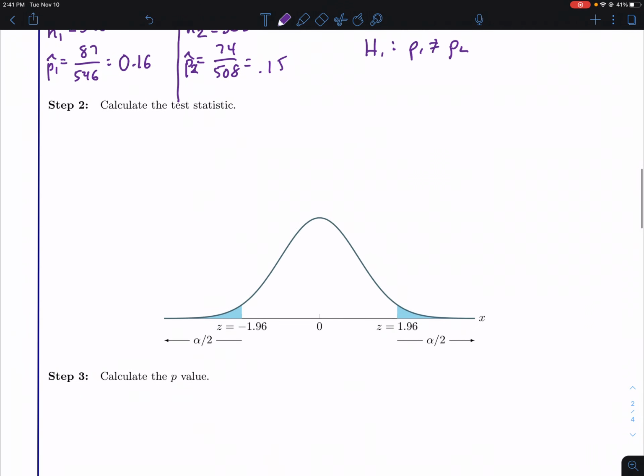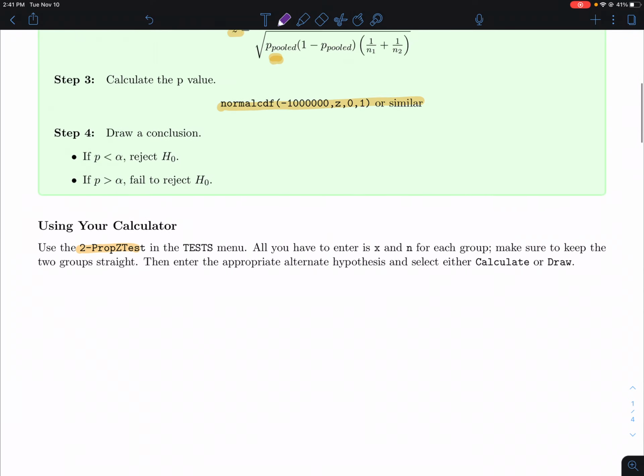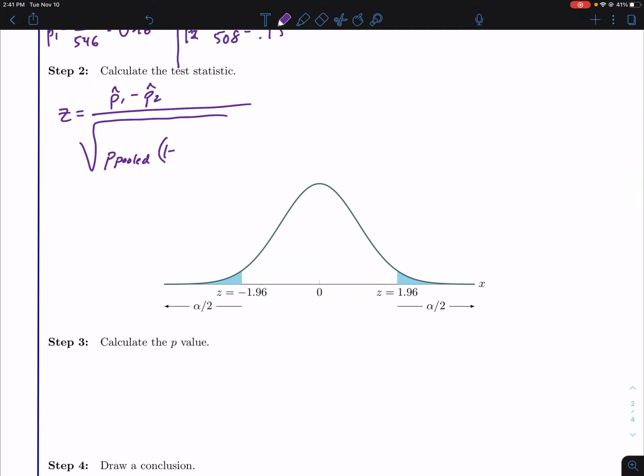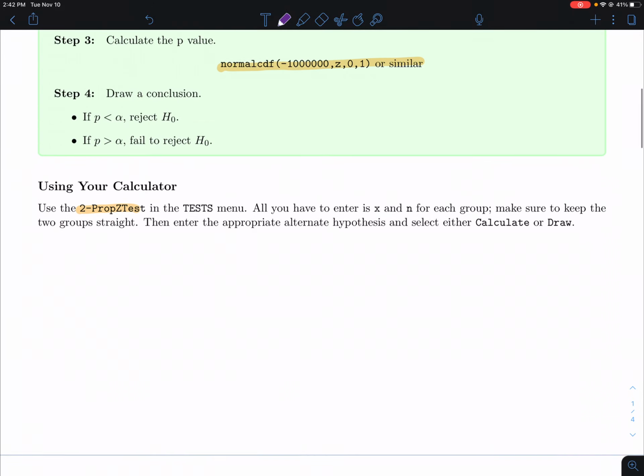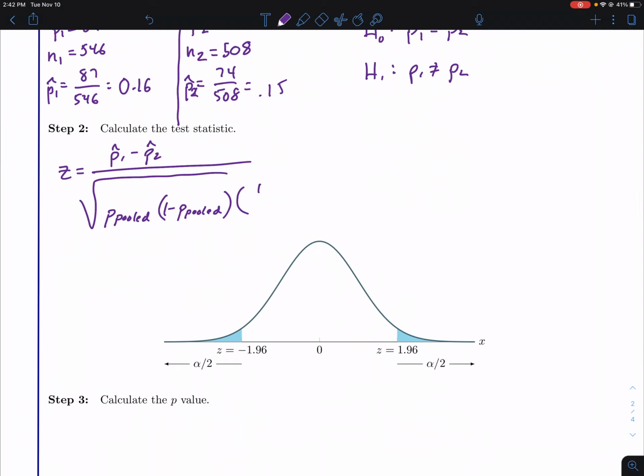So our Z is going to be P1 hat minus P2 hat, all divided by the square root of P pooled times 1 minus P pooled, and then times 1 over n1 plus 1 over n2 in this case.